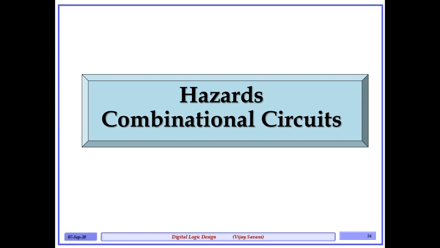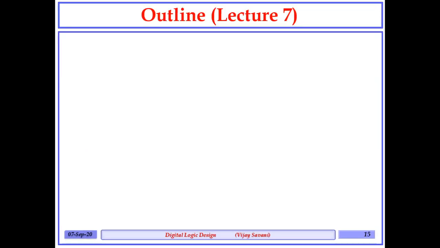The only thing is, when it occurs in a synchronous or asynchronous sequential circuit, ultimately the combinational circuit which we are using as one of the blocks in those circuits may create the problem, which is hazards. So let us in general discuss the hazards in the combinational circuit.